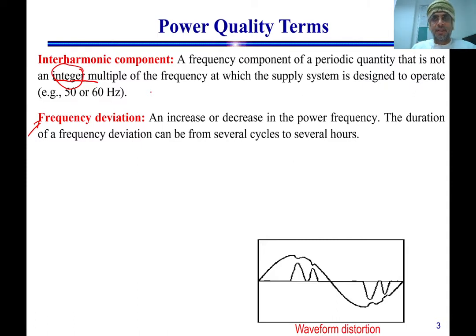They give a certain range for the frequency deviation. During normal condition, the frequency can go up to 50.05, or down to 49.95, or something close to those numbers.